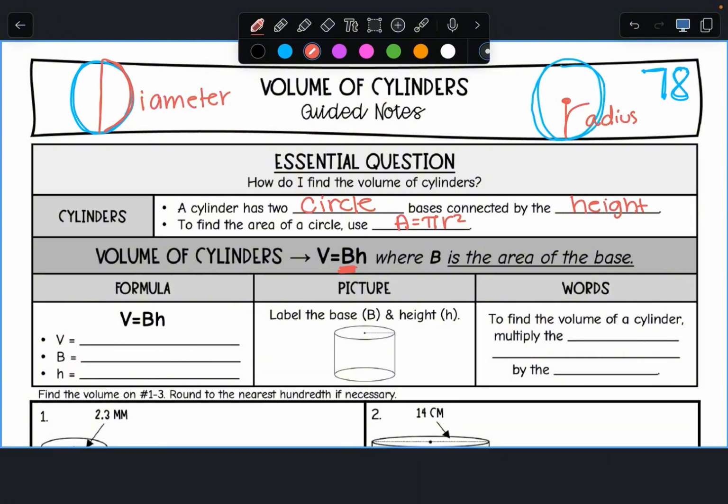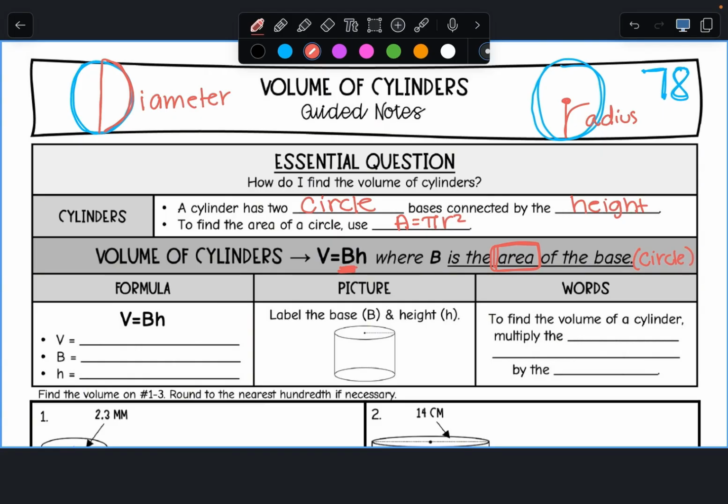Just like capital P represents the perimeter, so you were having to add 4 numbers or 3 numbers, 4 for a rectangle and 3 for a triangle. Well, with volume of cylinders, B is capitalized because it represents the area. In this case, the base is a circle, so you're finding the area of a circle.